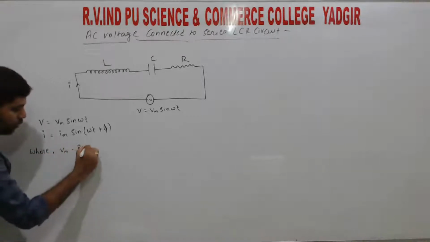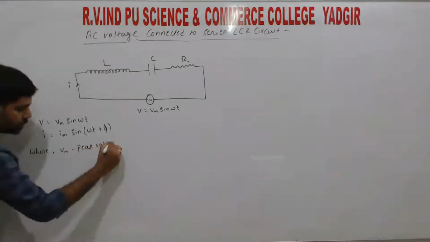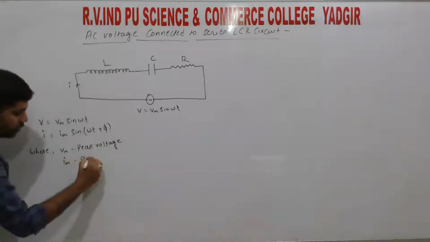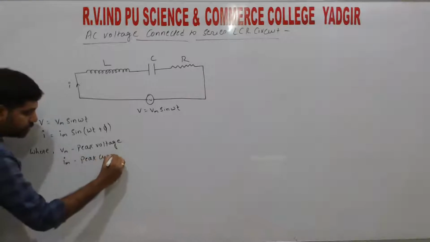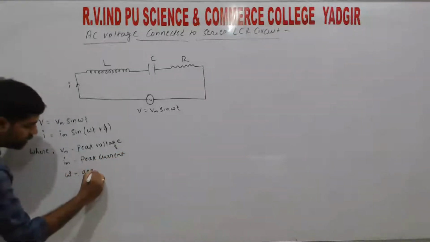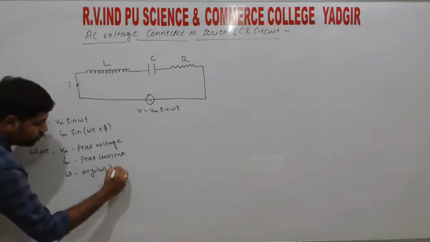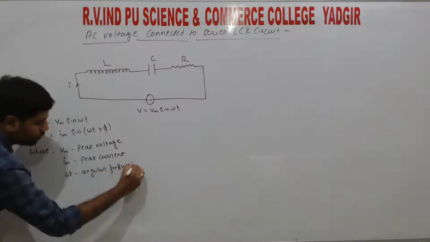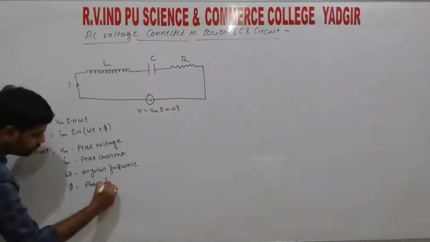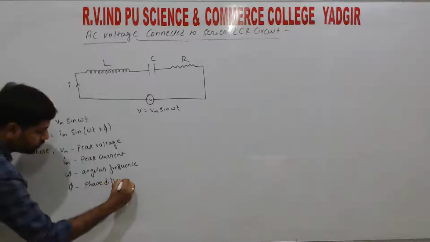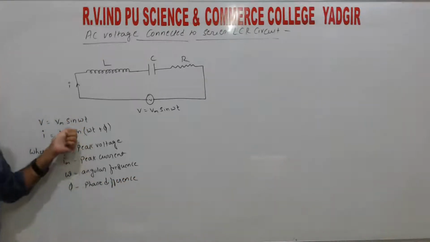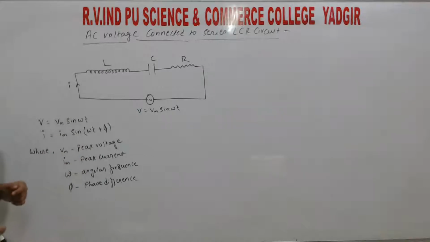Where Vm is the peak voltage, Im is the peak current, omega is the angular frequency, and phi is the phase difference between the voltage and the current, right?